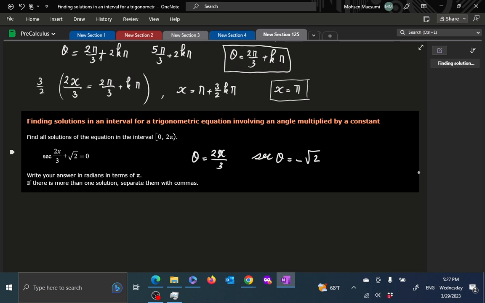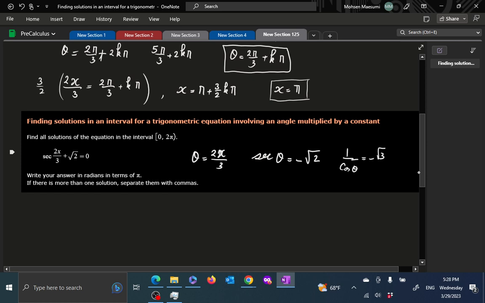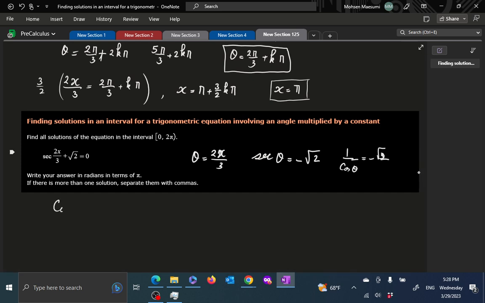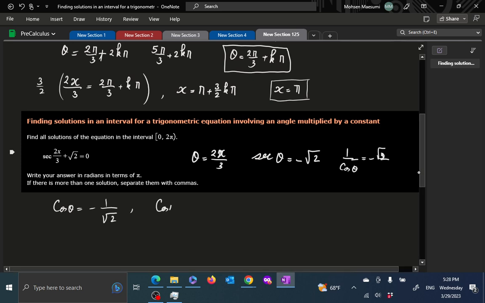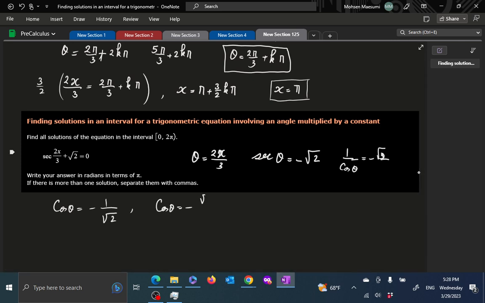I remember secant is 1 over cosine, so 1 over cosine is minus radical 2. I find the reciprocal of both sides, so it becomes cosine of theta is minus 1 over radical 2. If you wish to rationalize it, multiply by radical 2 and it becomes minus radical 2 over 2.